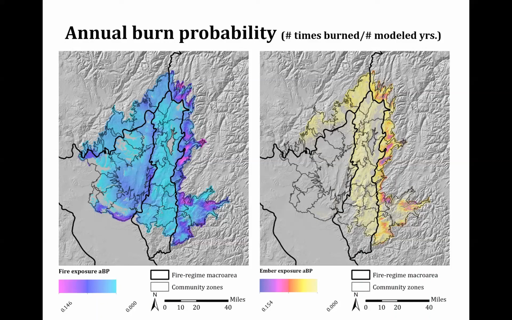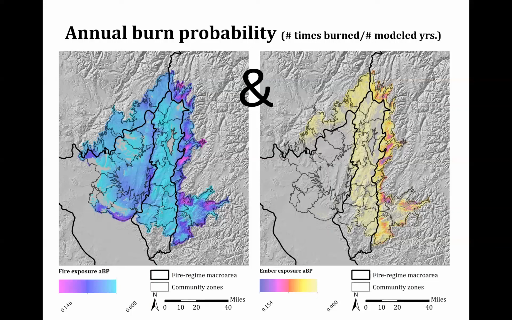We saw that almost always the burn probability was higher than the ember exposure, except for a few pixels located on the wilderness boundaries, some non-burnable pixels where the surface fire was not burning because the fuels were non-burnable, but some showering embers were exposing the structural communities located in these non-burnable edge contour areas.